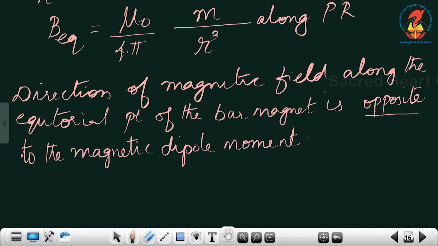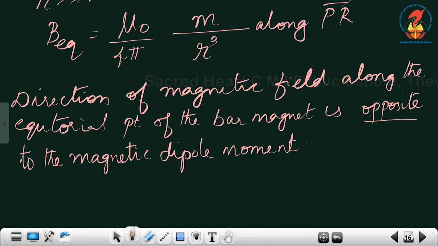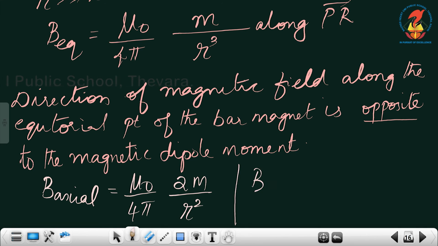Also, if you are comparing the value of B equatorial with the value of B axial, what is B axial? B axial is mu 0 by 4 pi 2m divided by R cube. We can say B axial is actually twice the value of B equatorial.